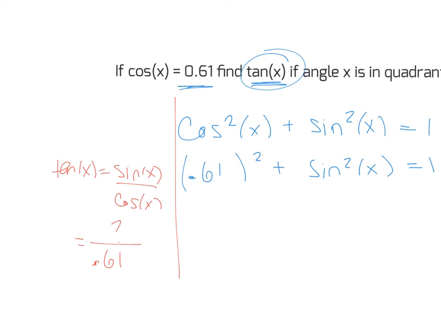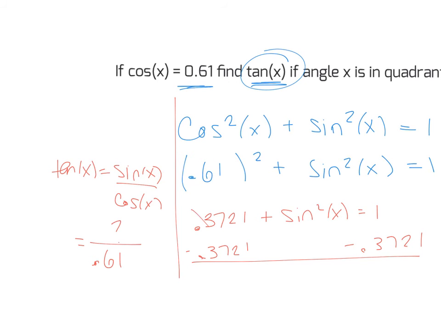So what I'm going to do is 0.61 squared, and I end up getting 0.3721 plus sine squared x equals 1. I'm going to subtract 0.3721 to get sine squared of x alone.